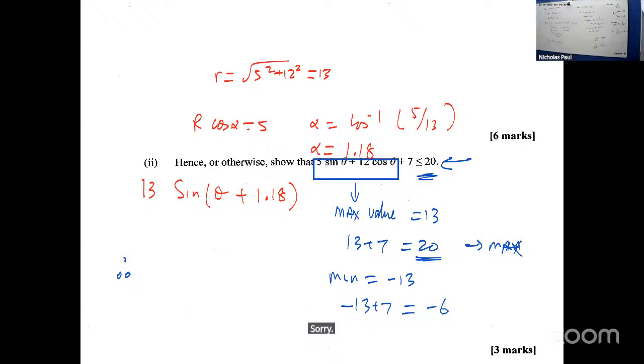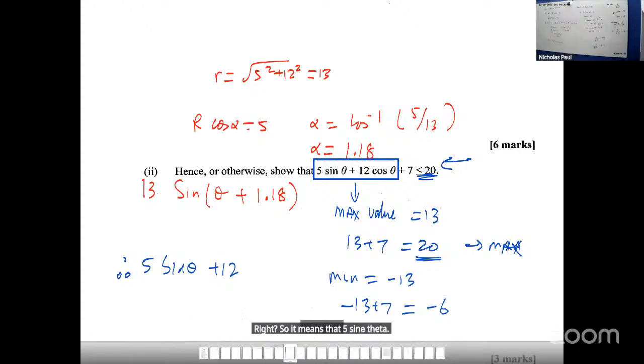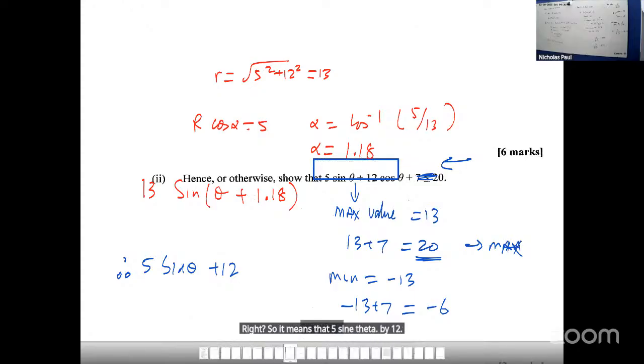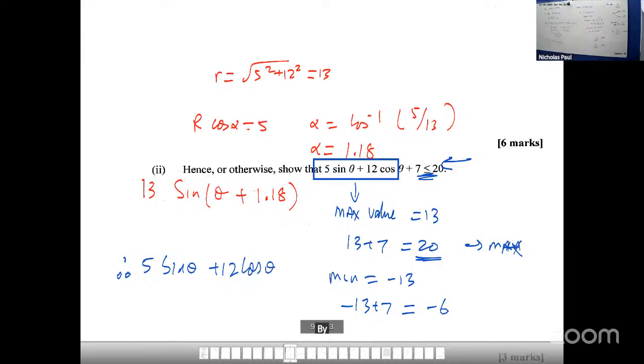20, it means that 5 sine theta plus 12 cos theta is always going to be less than or equal to 20.